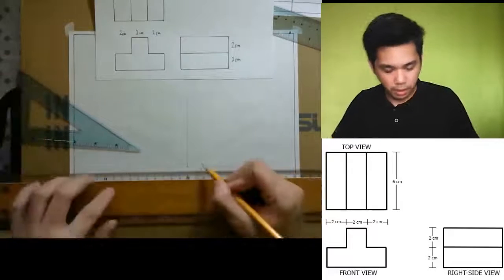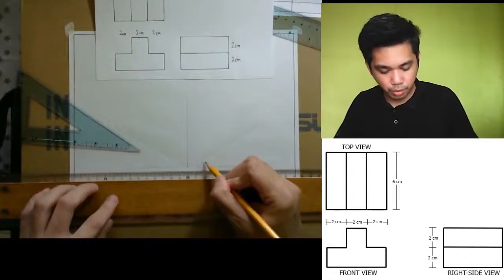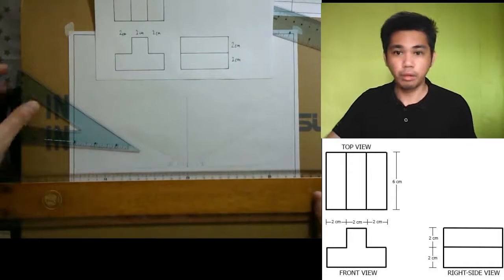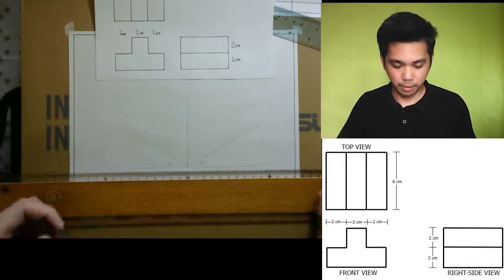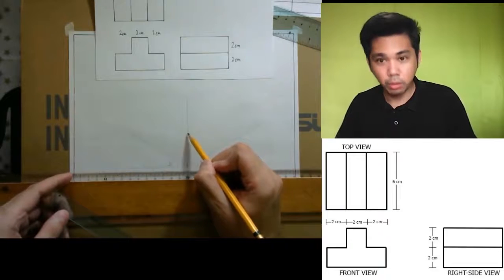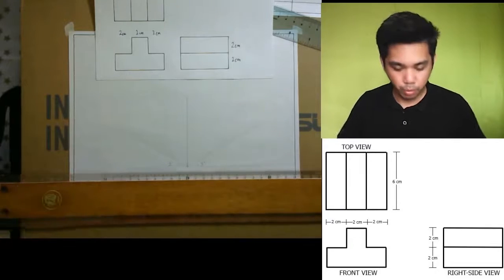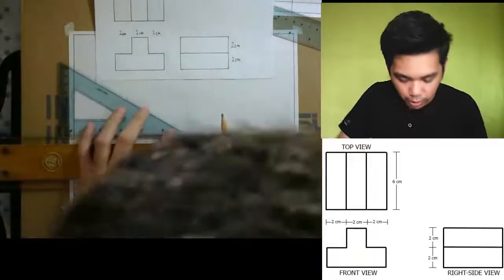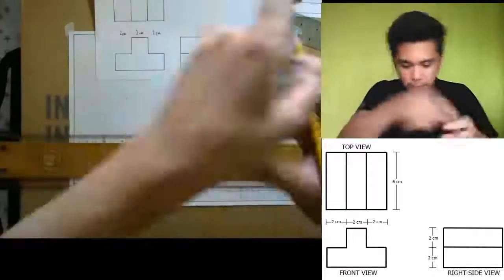So definitely this one is 30 degrees. This is also 30 degrees. Now since we already know the topmost corner, we can put projected lines there also.